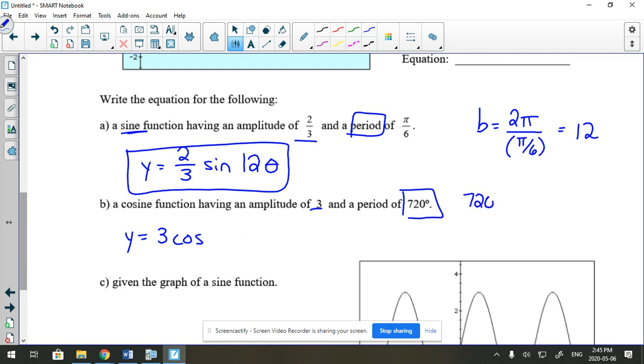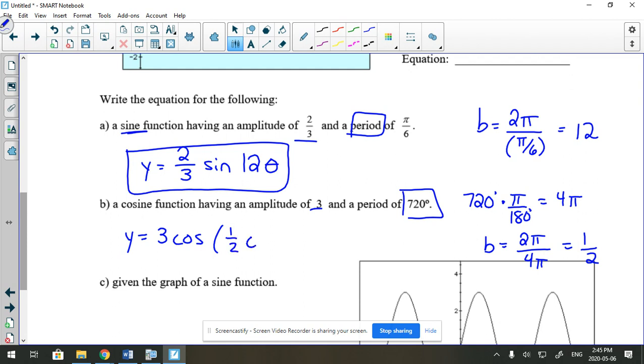Remember how to change degrees to radians? You're just going to multiply by pi over 180. And you're going to see that it's equal to 4 pi radians. Now you can figure out your b value. You can't use it with degrees because your b value is already assuming that you're working in radians. So we're going to go 2 pi over your period, which was 4 pi. That simplifies to a half.